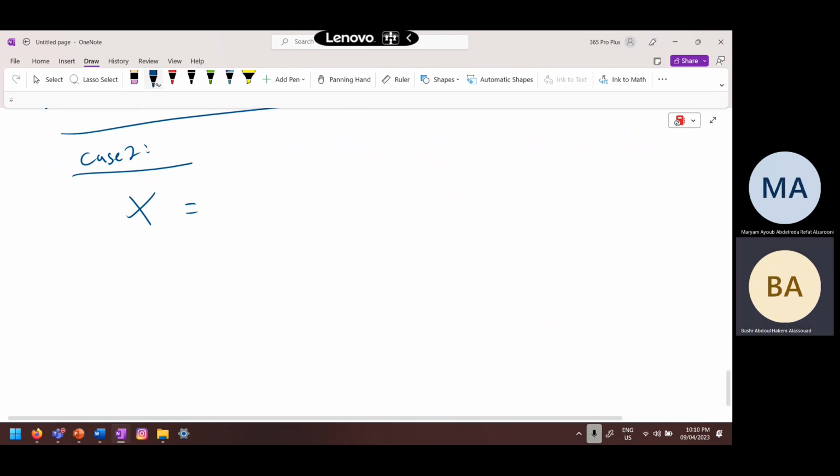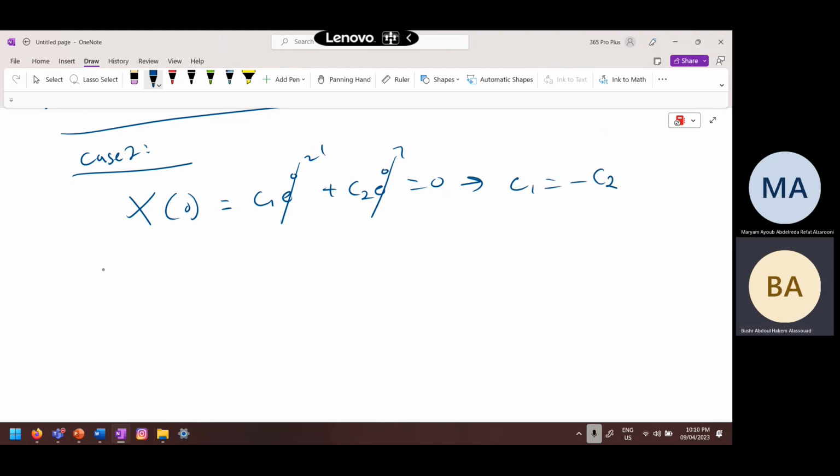Okay, so x of 0, we have c1 e to the power 0 plus c2 e to the power 0 equal to 0. This is 1. This gives you that c1 is equal to negative c2. So x of L will get c1 e to the power beta L plus, instead of plus c2, we'll use negative c1, okay?